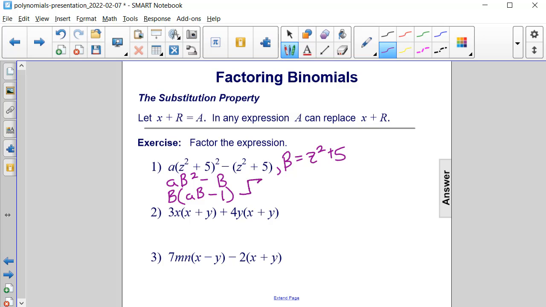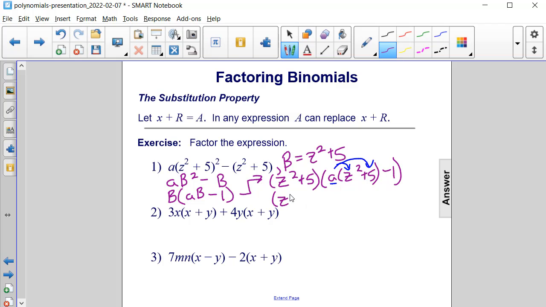And then if we substitute our B values back in, we will have (z squared plus 5) times (a times (z squared plus 5) and then a minus 1). Notice since we have this a outside of this set of parentheses in the middle, we should distribute it through to both terms to further simplify.